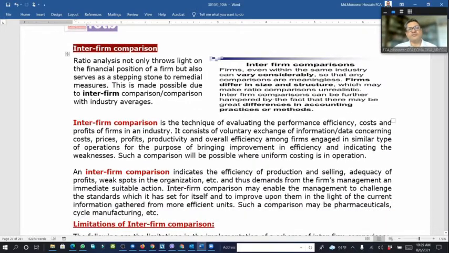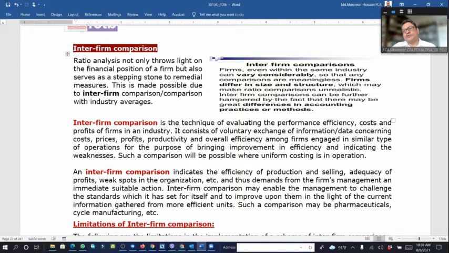And in firm comparability, we can compare one firm with another firm, and sometimes we need it because of merger or acquisition. And what is merger? Merger, one company, for example, company A plus company B makes company C, so it's the merger.